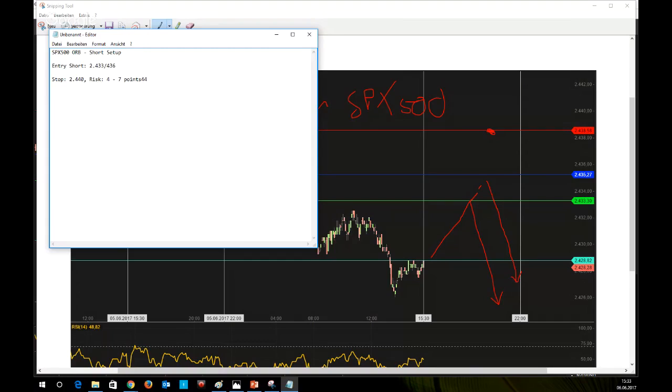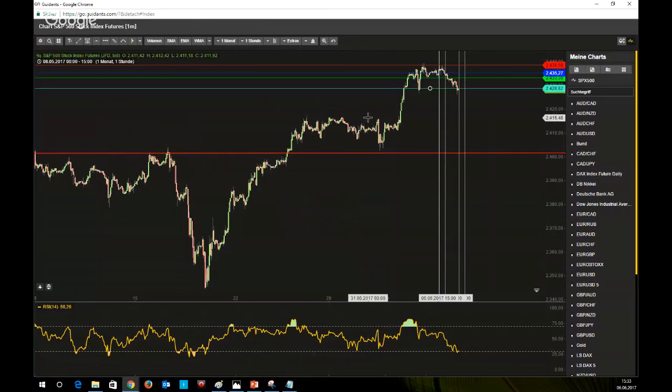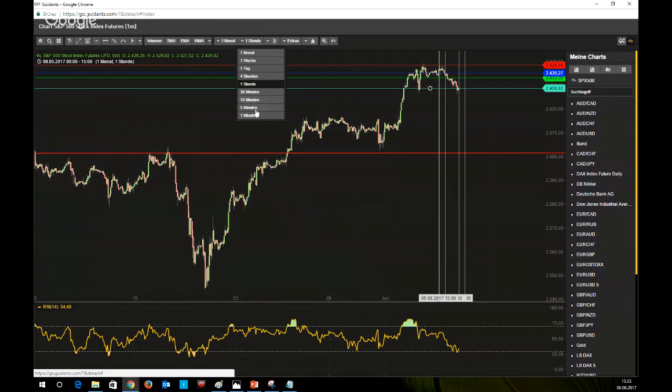And then what's the target? What did we say? We said that we are looking to trade the S&P down towards those highs here in this region. So this is the region you're looking for here. That's the region around 2,414.